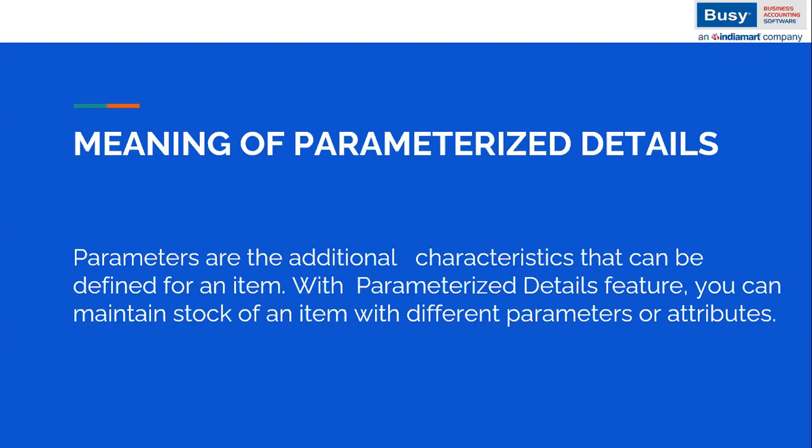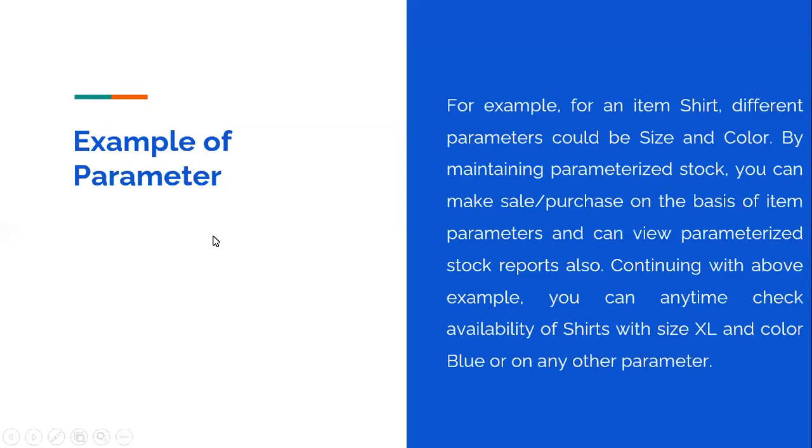Let's go through an example. Suppose we take a shirt as an item. In this case, a shirt has different parameters like size and color. By maintaining parameter stock, you can make a sale and purchase on the basis of different parameters like size and color.